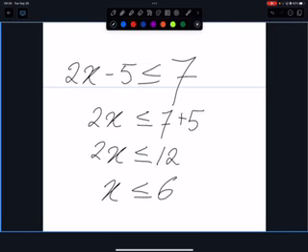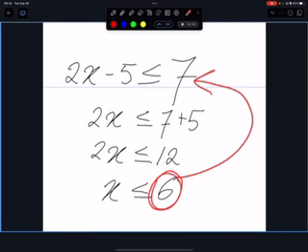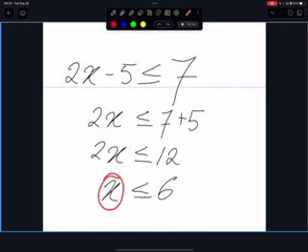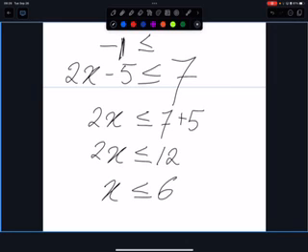If I choose an x that is less than 6, my answer is also less than 7. For example, if I choose 2, 2 times 2 is 4, minus 5, minus 1. Yes, minus 1 is less than 7.